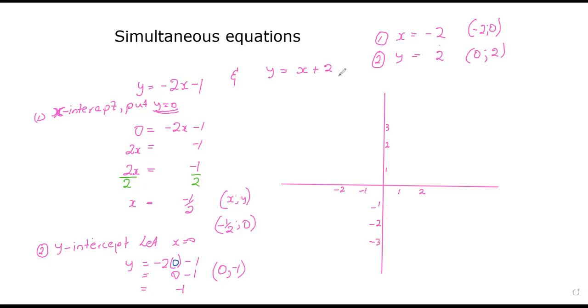Let's plot the coordinates. First one here, we have our x is negative half. This one here, and this one here. All right. And then for this one here, when x is 0, y is 2.